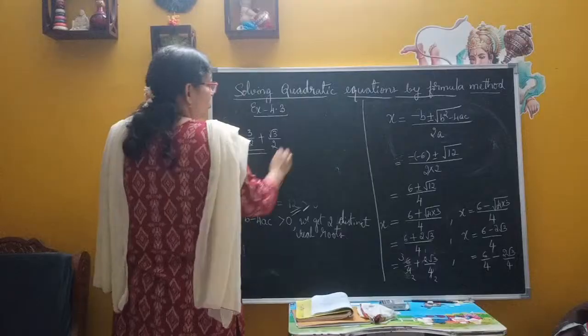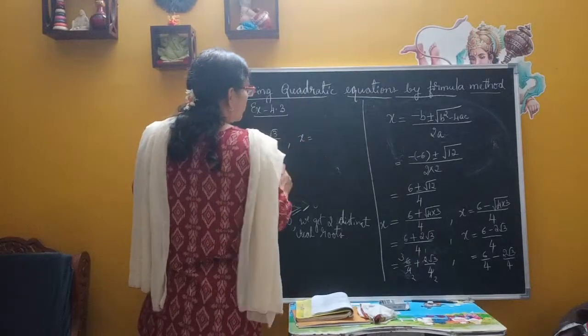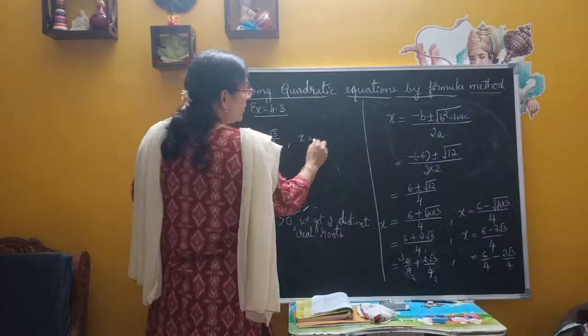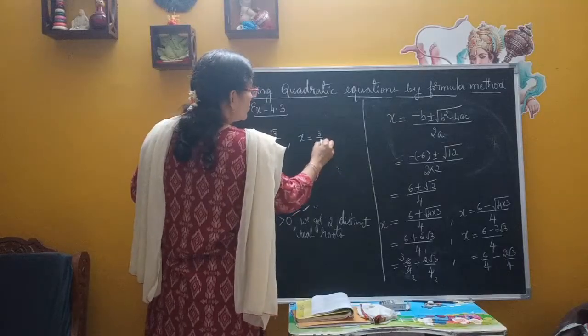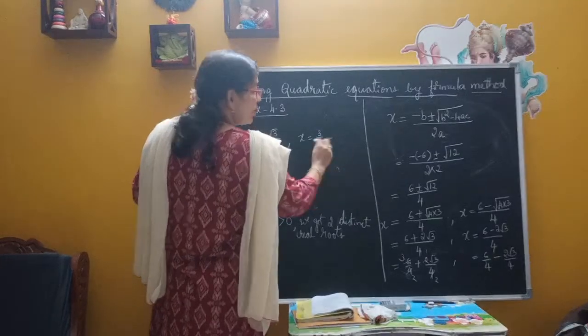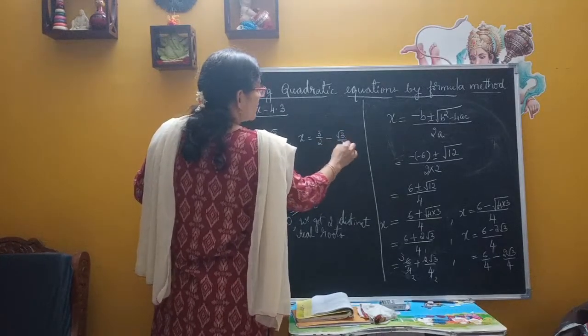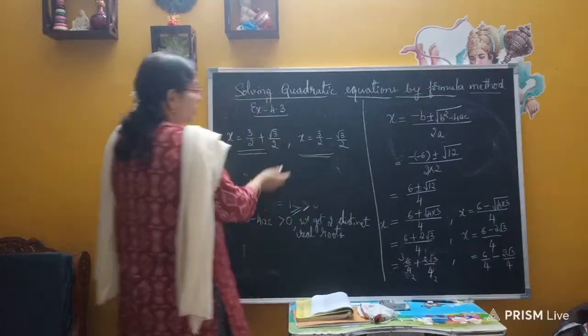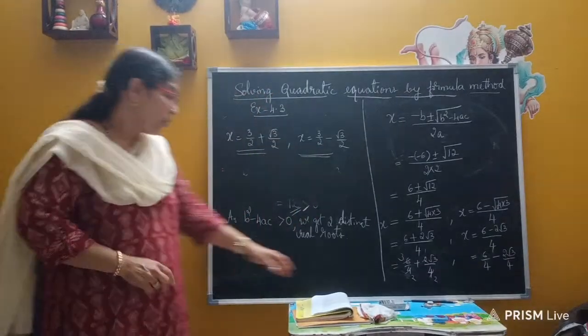This is one value. Other one, x is equal to 6 by 4, which is 3 by 2, minus, same value we get here also, root 3 by 2. Okay, so these are two distinct roots.